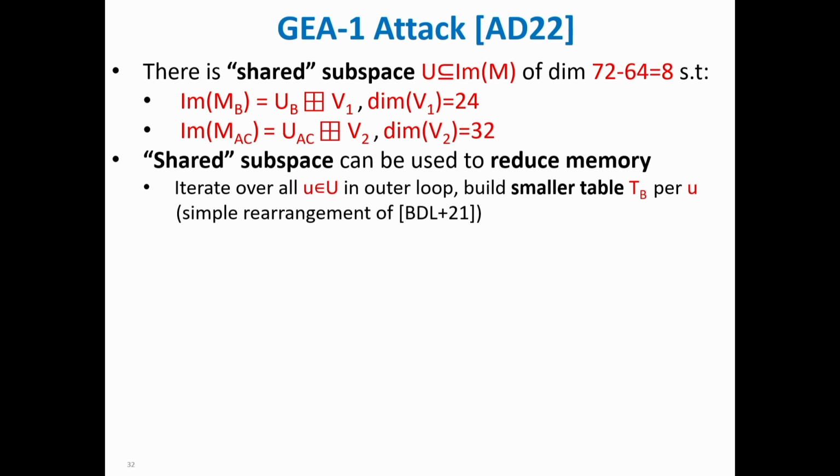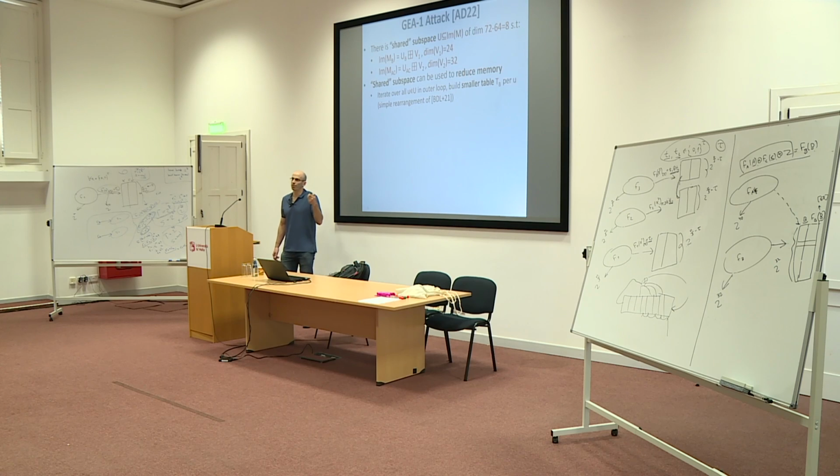Now that we have this shared subspace, we can iterate over it in an outer loop. For each element of the shared subspace, we can run a smaller meet-in-the-middle attack, which takes time complexity 2 to the 32. The memory complexity is also reduced by 2 to the 8, so from 2 to the 32, it will be 2 to the 24.